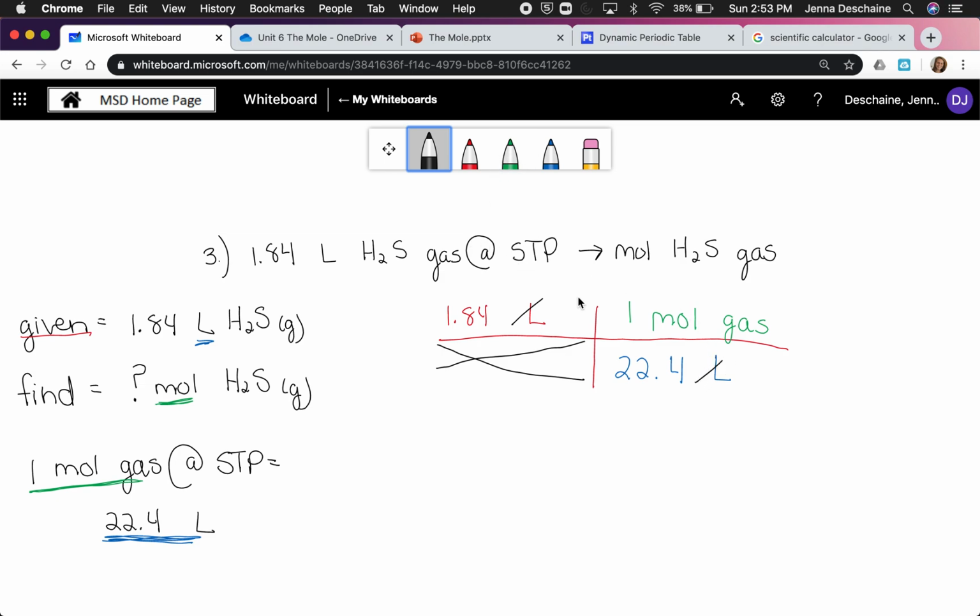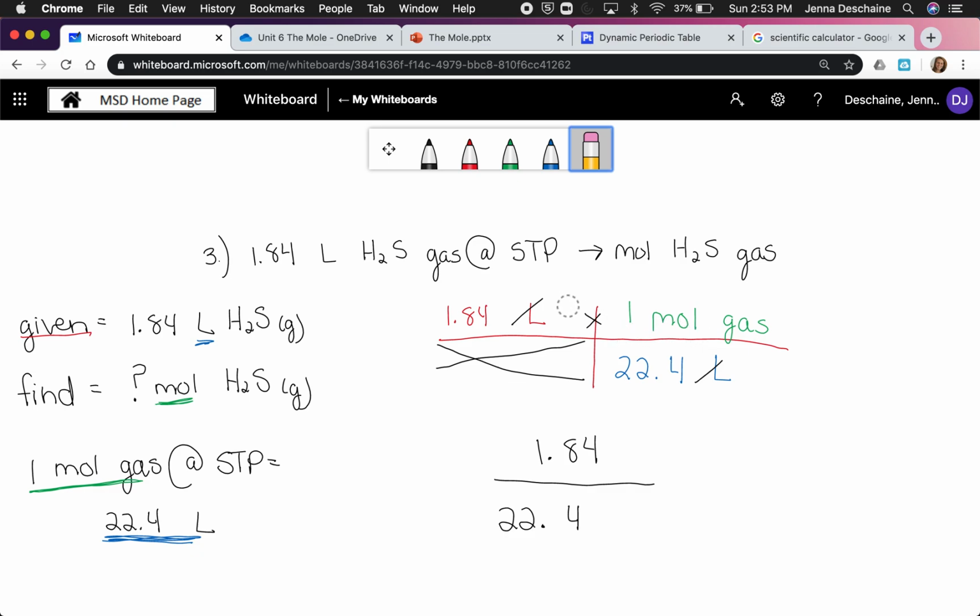But first, I'm going to multiply the top boxes, so 1.84 times 1 is 1.84. And eventually I'm dividing that by 22.4 liters. Actually, I'll leave this for now. All right, and my unit at the end is going to be moles, okay?